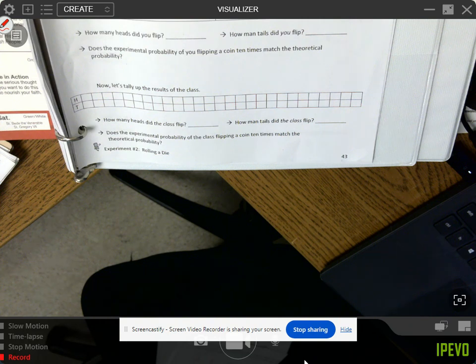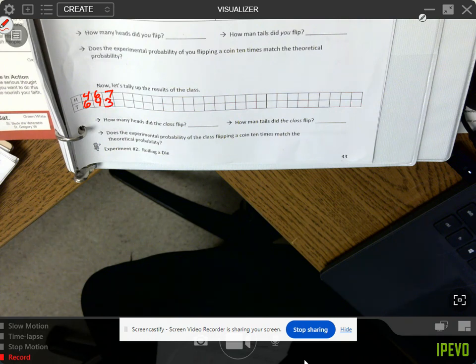Claire M. Heads. How many tails? 6. Bryn. 6 heads and 4 tails. Madison. 7 heads, 2 tails. Wait, what? 1, 5, 6, 7. Oh, 7 heads, 3 tails.